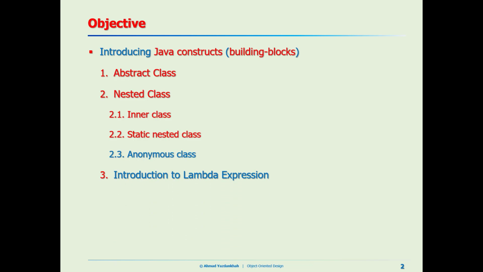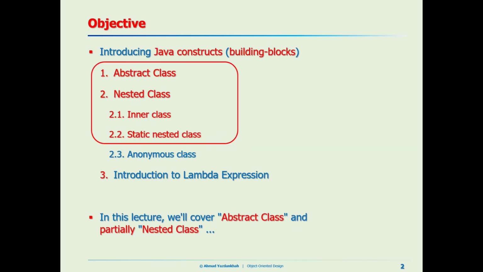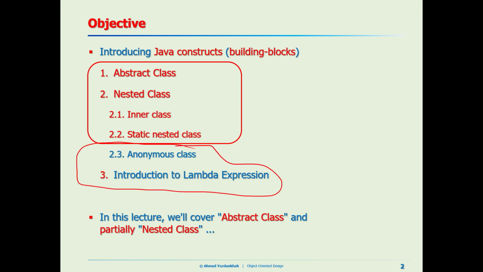Then we will get back to lambda expression at the end of the semester when I am talking about advanced Java. Okay, so in this lecture, I'm going to cover the red portion, and in the next lecture, I will finish these two as well.